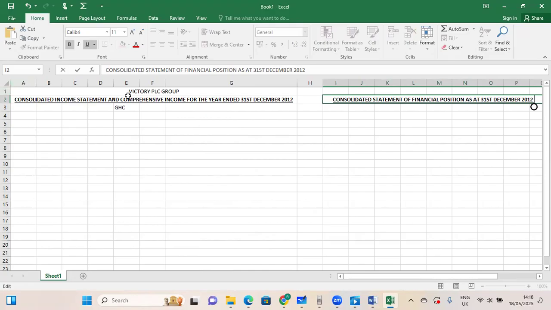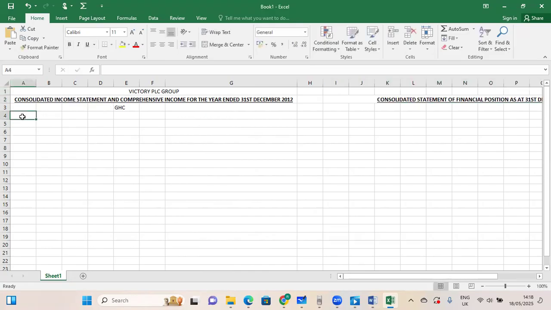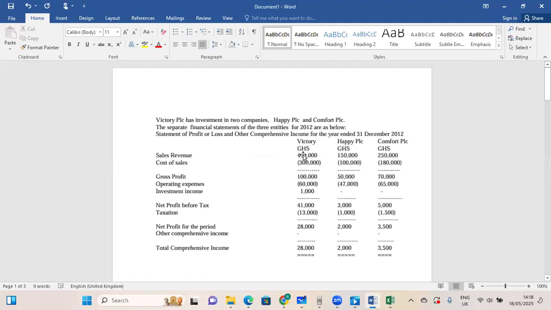As I said earlier, for the income statement, for example, if you don't get anything, you can just come to revenue. So revenue, into brackets. You take the parent one, which is Victory, 400,000.